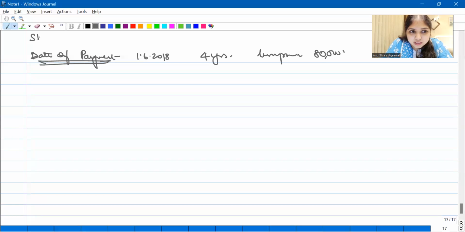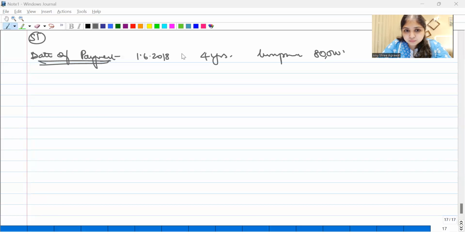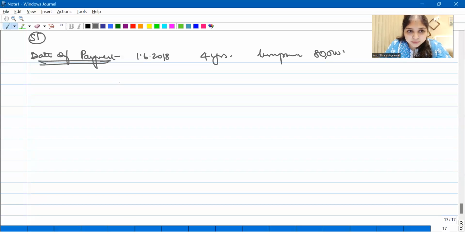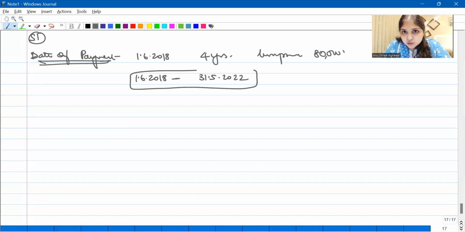This is my scenario number 1. 4 years means what? 1st June 2018 till when? Till 31st May 2022. This is going to be the period of the policy.